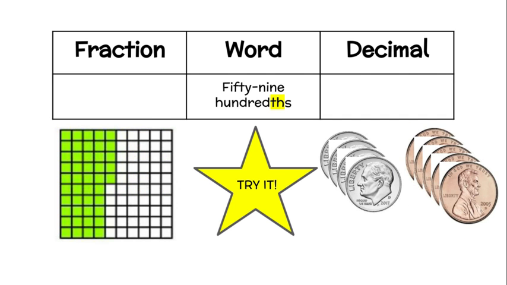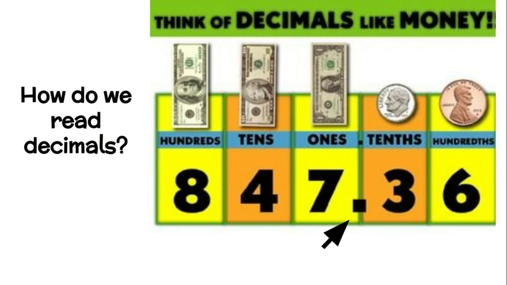Now you try it. Go ahead and look at the decimal or the fraction, and then the money, which is the same as the decimal. All right, so our fraction should be 45 hundredths, and our decimal should look like 0 and 45 hundredths.